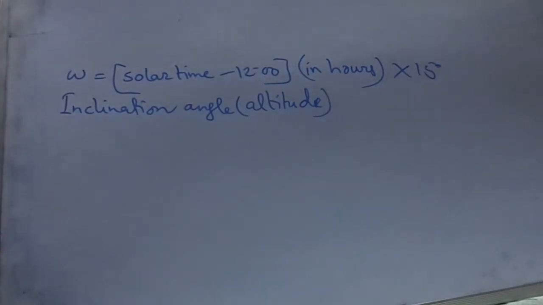Inclination angle, that is the altitude, represented by alpha.